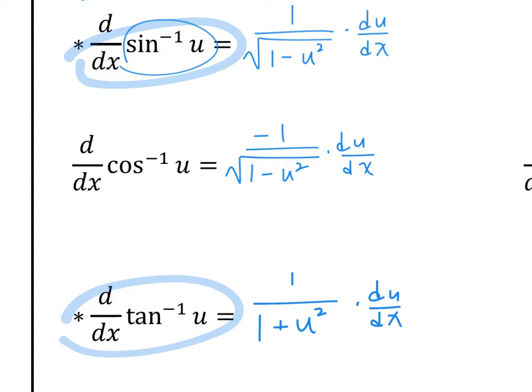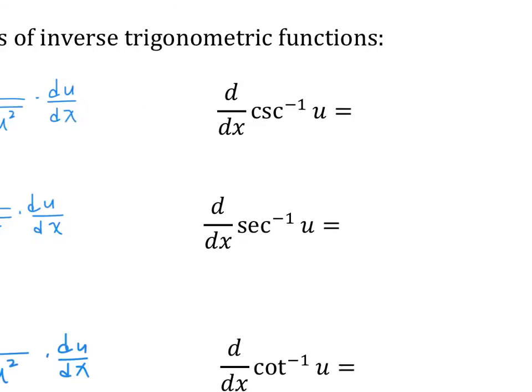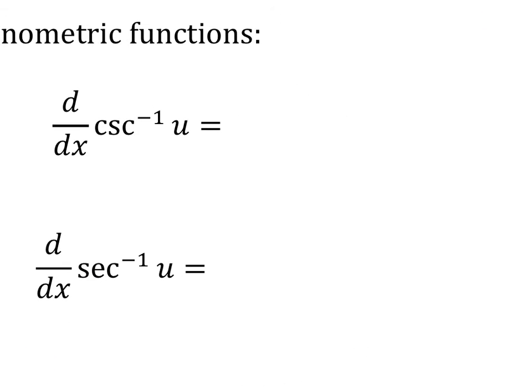All right, the other three, the reciprocal functions. Okay, inverse cosecant is negative 1 over absolute value u square root u squared minus 1 times du dx.